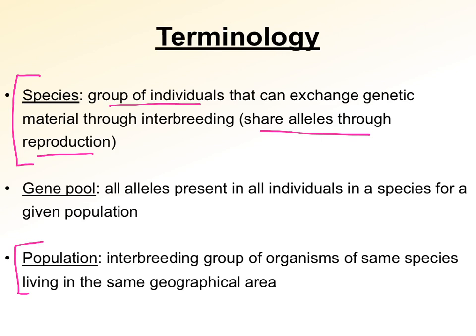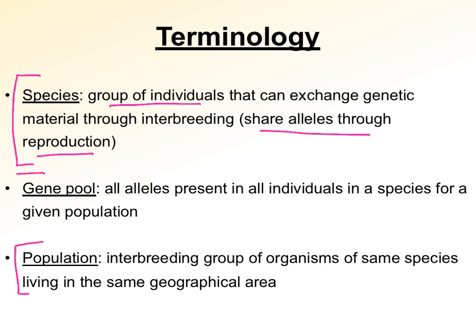A population is an interbreeding group of organisms of the same species living in the same geographical area. That geographical area is relative. You might say, for example, a population of students at a college, or a population of students in all of Massachusetts. Those are different populations, but they involve the same people possibly.